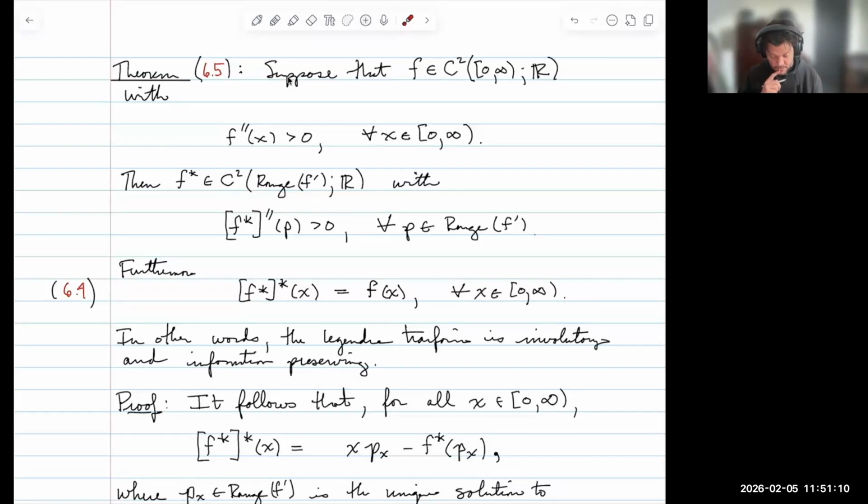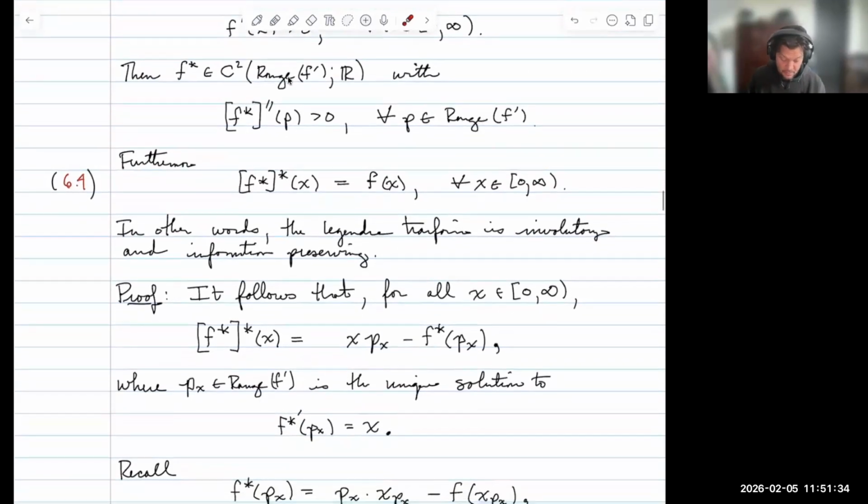If you look at the last example, you can show this as well. We didn't compute the second derivative of that ideal gas model, but you'll find that this holds true. And if I take the star of the star function, I always get back to f. This is something I claimed with the last example, and it is true in general.